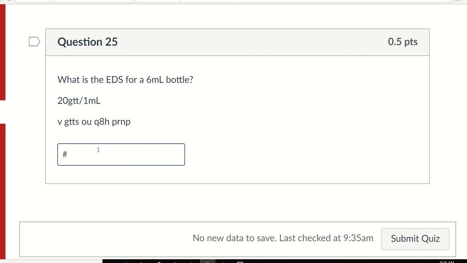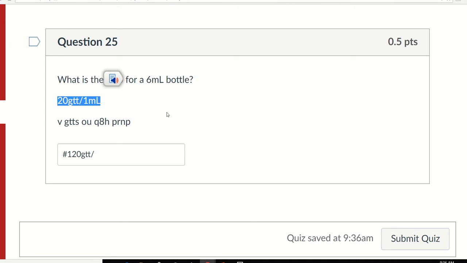So that's 20 times 6, which is 120. That's how much we gave them. We gave them 120 drops based on our approximation of 20 drops per mL in this class. So make sure you jot this down and make a flashcard for eye drops and ear drops. We're going to estimate 20 drops per mL for EDS.